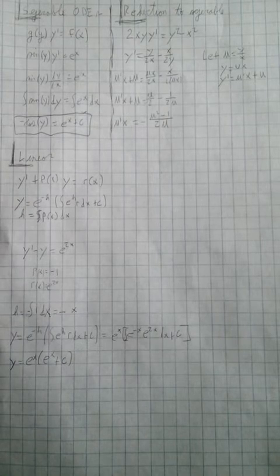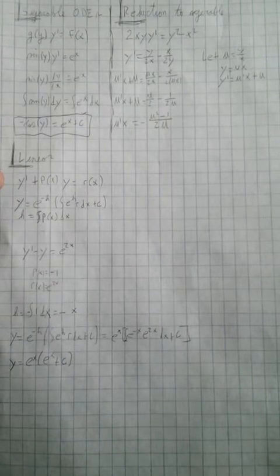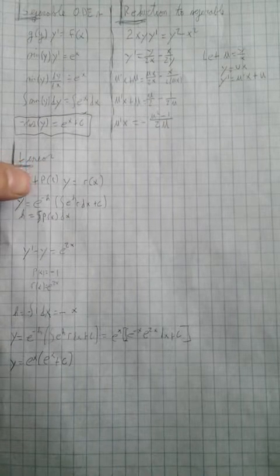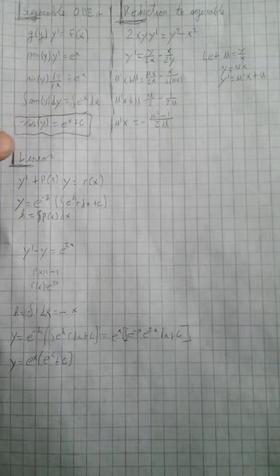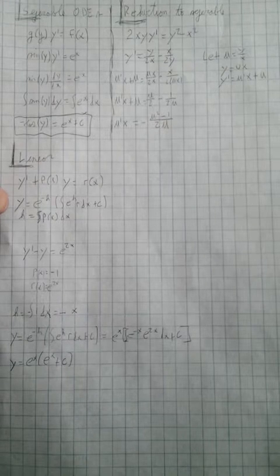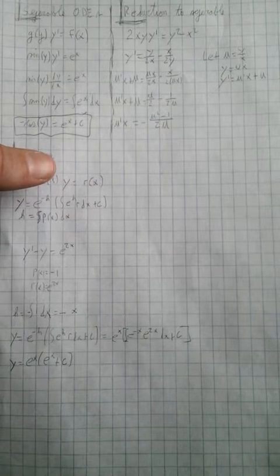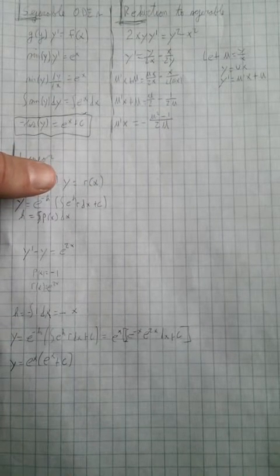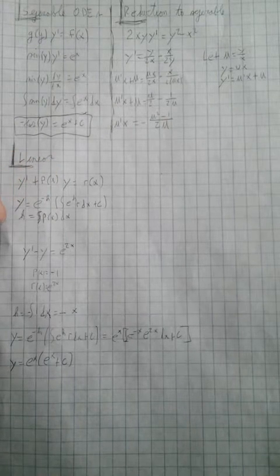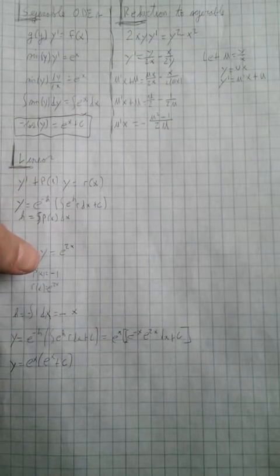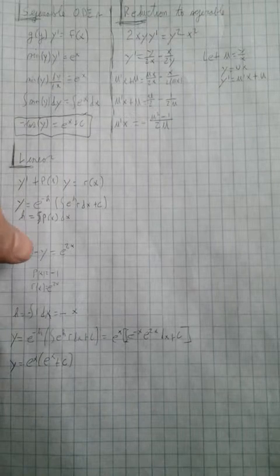So now we have our linear equations, which come in this type of form: y prime plus p of x times y equals r of x. The solution is y equals e to the negative h times the integral of e to the h r dx plus c, where h equals the integral of p x dx.